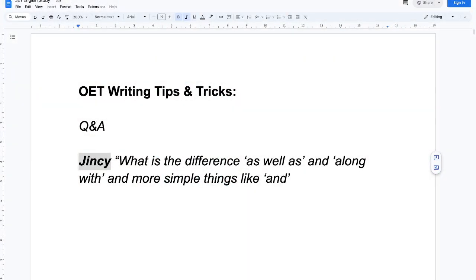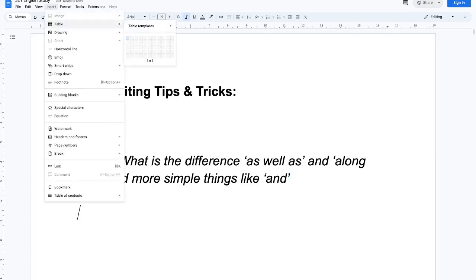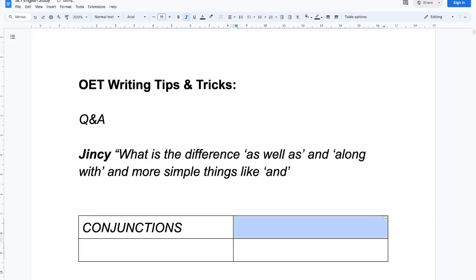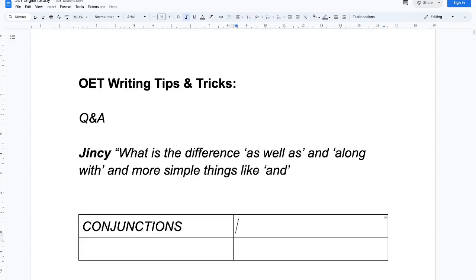So I'm going to go back to the document, and I'm going to say, Jinsey, you need to remember that there are two. I'm going to make a little table here. There are two things happening. There are conjunctions, and there are what I'm going to call phrases.